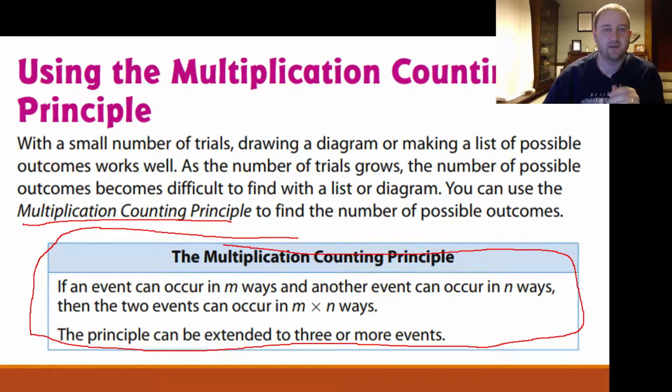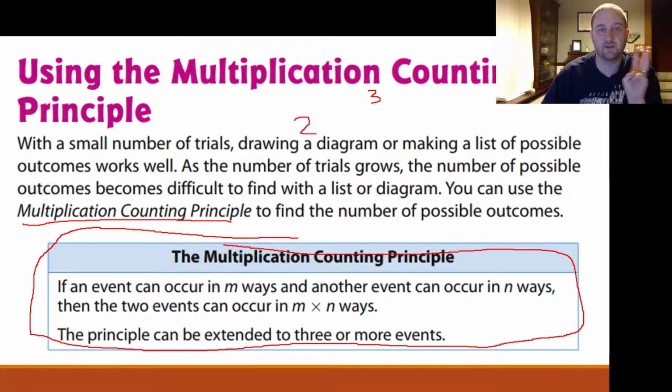Let me say this. Okay, so let's say we've got three events happening. Let's just go with the coin flip idea, right? What this is saying is that the first coin flip has two different outcomes, right? Heads or tails. The second coin flip also has two outcomes. The third coin flip also has two outcomes.